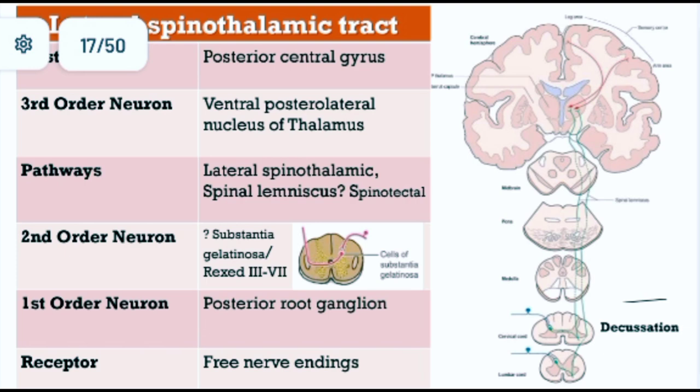I said first order neurons are going to end in lamina 1, 2, 3, and 4. But second order neurons start from lamina 1, 3, and 4, not lamina 2. That's why you see they've put a question mark there. They don't start from lamina 2. In lamina 2, we have what we call the substantia gelatinosa of Rolando. They don't start from there.